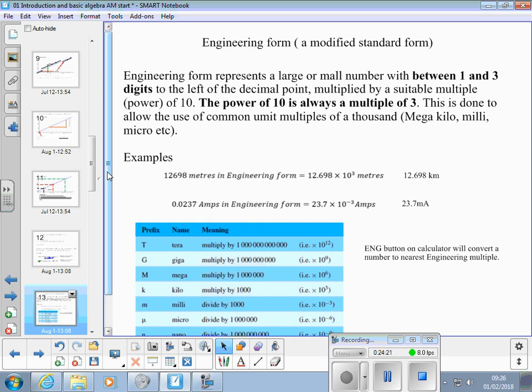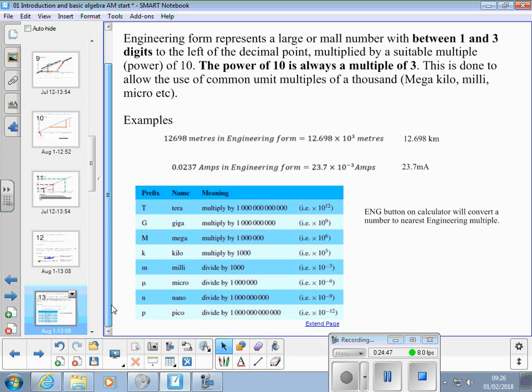When it's in the power of 10, the units are the SI base unit, meters. When we say kilo, that's what we're doing. And 0.0237 amps is 23.7 times 10 to the minus 3 amps, or 23.7 milliamps.